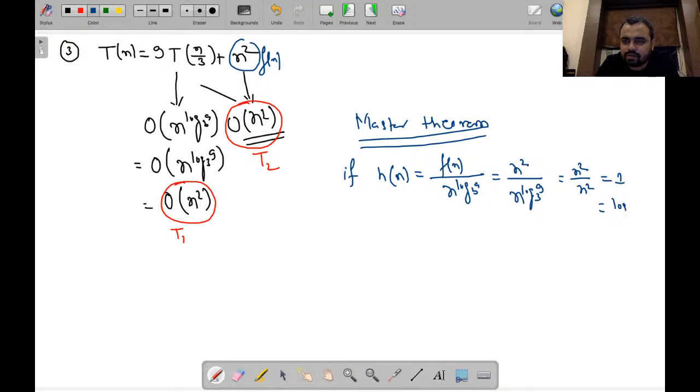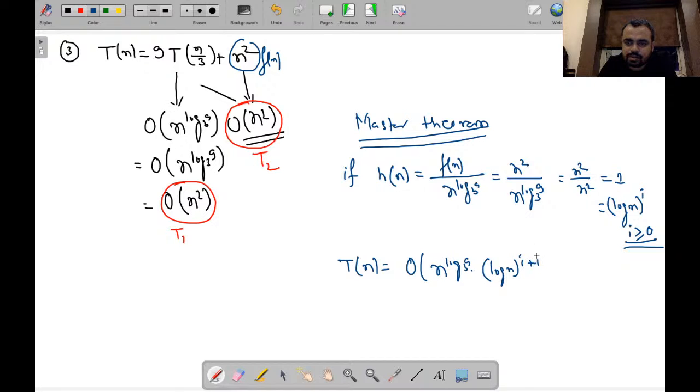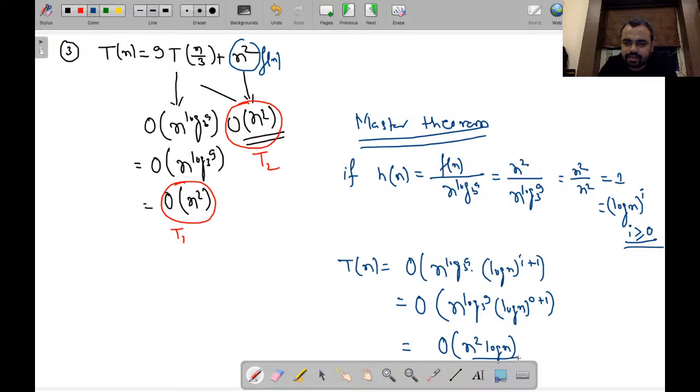You can write the 1 in the form of n to the power i, where i is greater than or equal to 0, in the form of log n to the power i. Then T of n will become order of n to the power log of a base b into log n to the power i plus 1, ultimately order of n square log n.